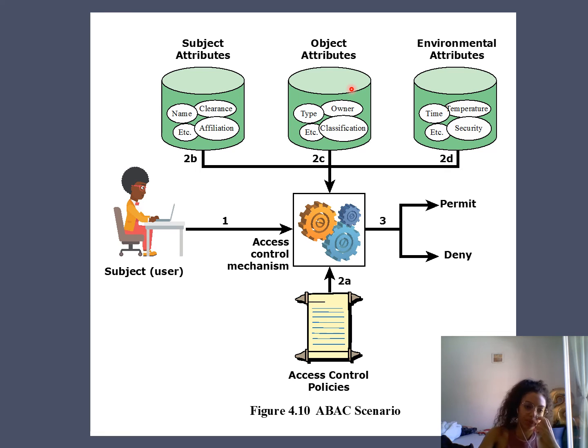So it's clear from the logical architecture that there are four independent sources of information used for the access control decision. The system designer can decide which attributes are important for access control with respect to subjects, objects, and environmental conditions.